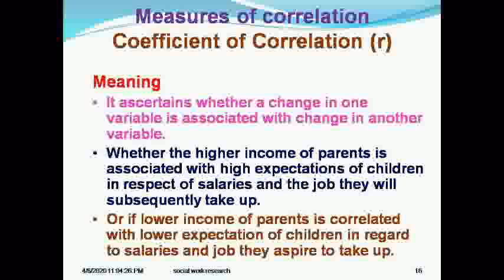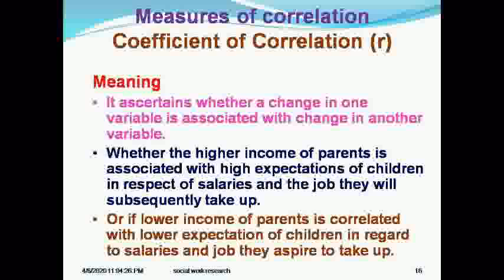For example, whether the higher income of parents is associated with high expectations of children in respect of the salaries and the job they will subsequently take up. Or if the lower income of the parents is correlated with the lower expectation of the children with regard to salaries and job they expect to take up. So there are two variables.